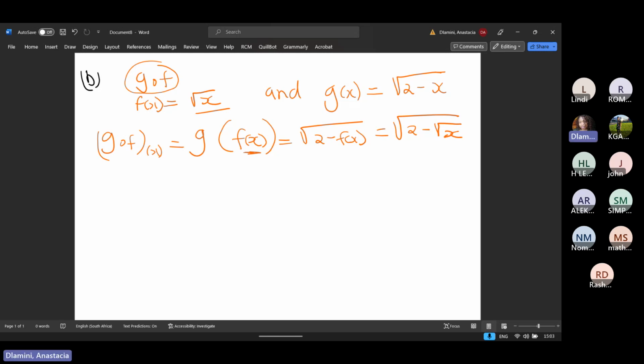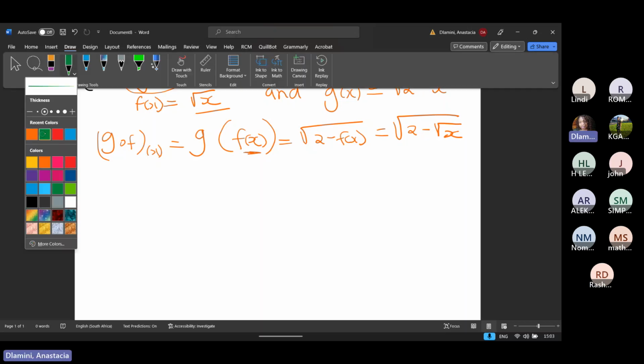What's special about f of x? Why find the domain of f of x? Because it's the one that's inside. Thank you. We want to find the domain of the inside function.